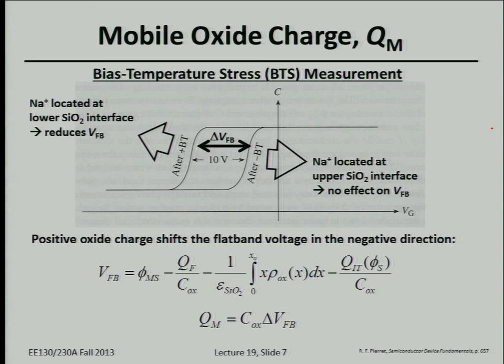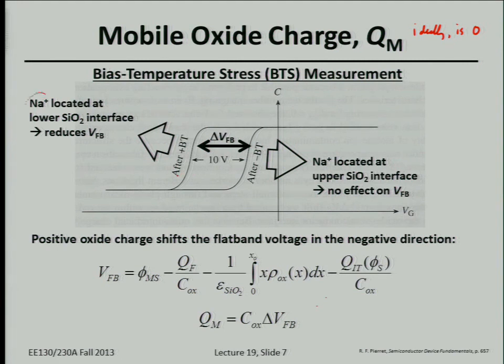Okay, mobile oxide charge, ideally, in modern devices, is 0. Okay, but let me explain. So this is basically what happened decades ago when people were trying to make the very first MOS devices. There's sodium, salt, in the oxides in the MOS devices. So what would happen is that, over time, the threshold voltage would change, and maybe the threshold voltage was negative.